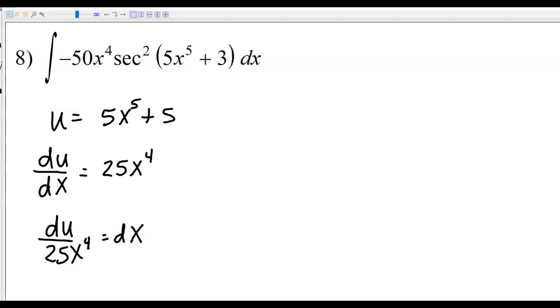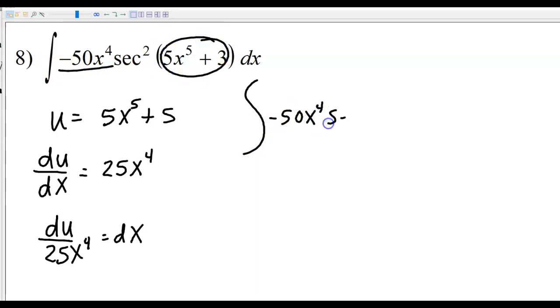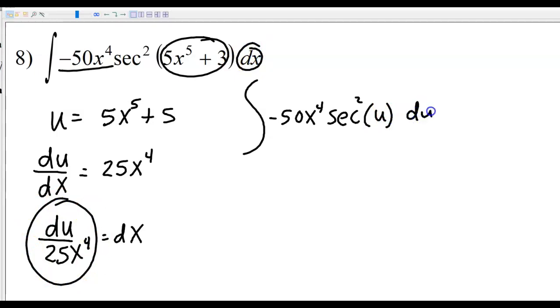Step 4, do your u substitution. This is going to stay, but this gets replaced with u, and this gets replaced with du over 25x to the 4th. Step 5, we reduce or cancel or simplify, so the x to the 4ths go away, and 25 goes into 50 twice. So we're left with a negative 2 there in the front.